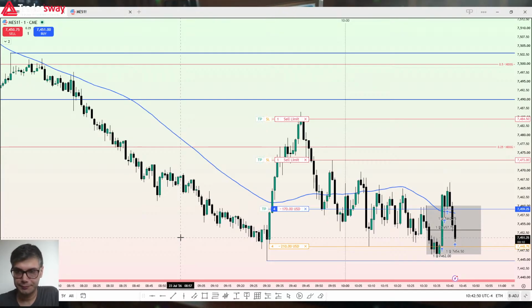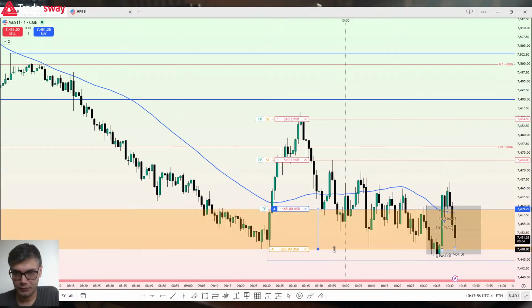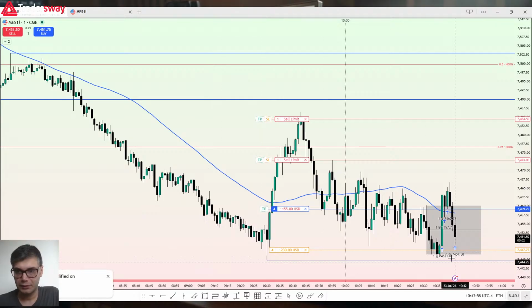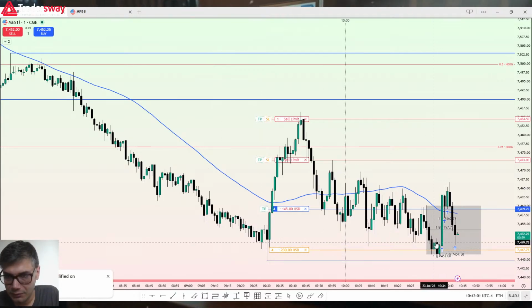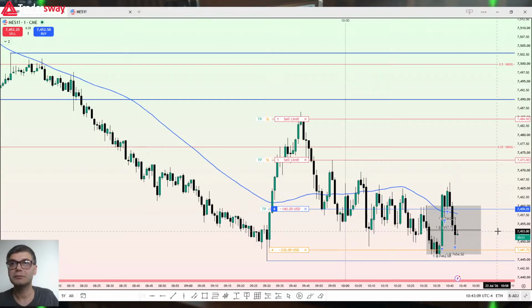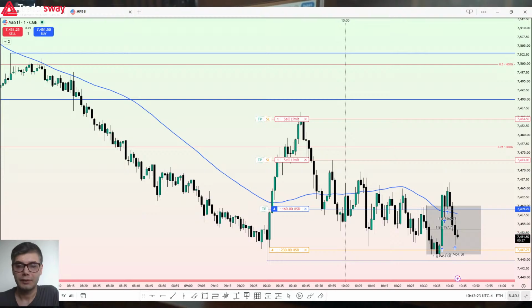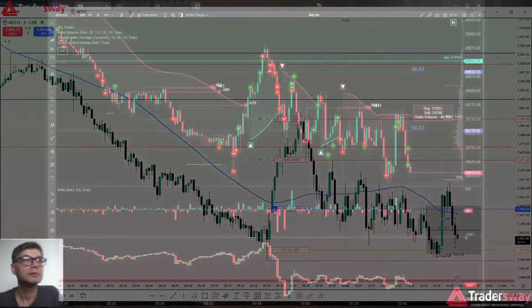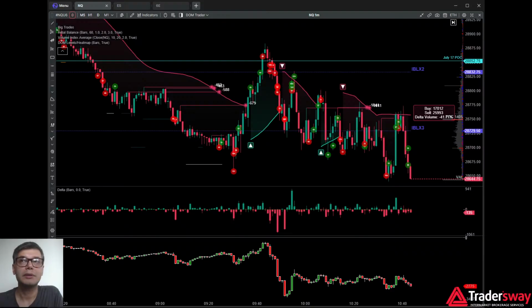This is ridiculous. Let's put it a few ticks below. This is ridiculous. NQ is also dropping. Let's look at order flow. Yeah, NQ is also dropping.